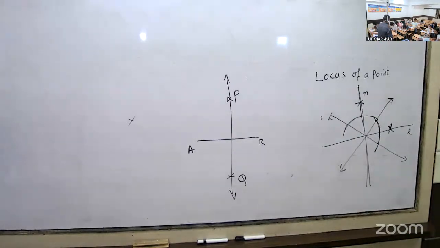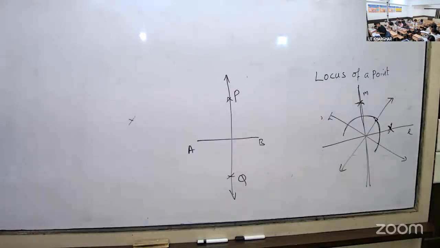Then below write: PQ is the locus of point equidistant from A and B, as PQ is the perpendicular bisector of AB.